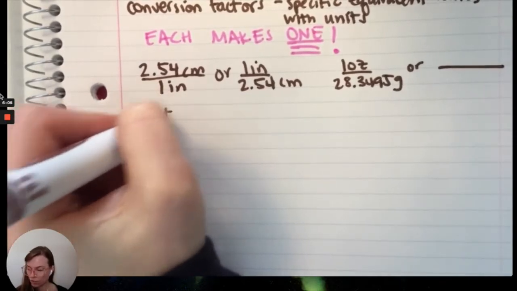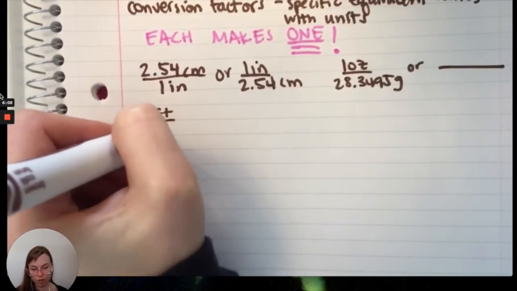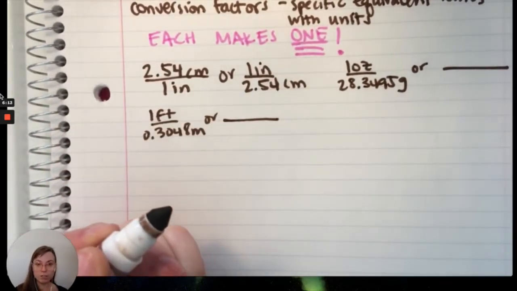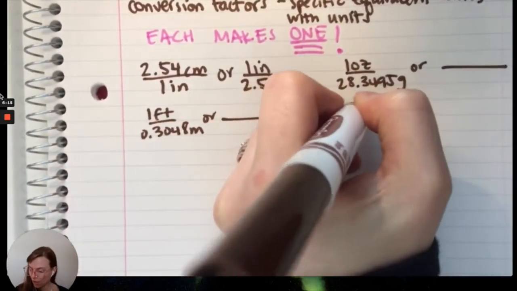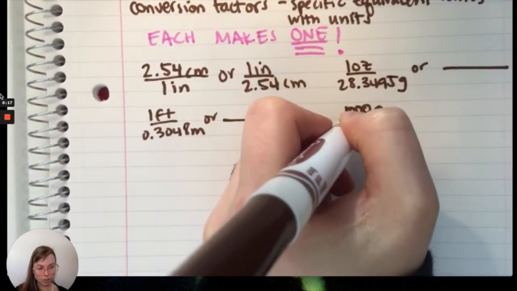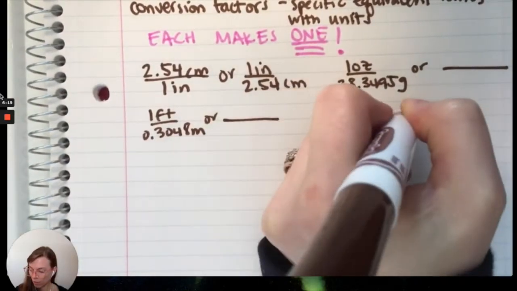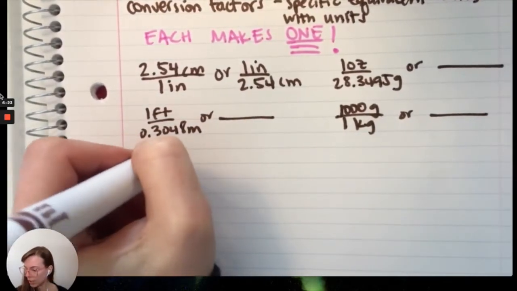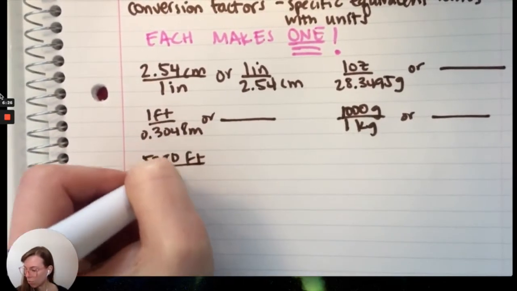Okay? So, 1 foot with 0.3048 meters, or flip it, finish it off. 1,000 grams to 1 kilogram, or finish it off. 5,280 feet goes into 1 mile.